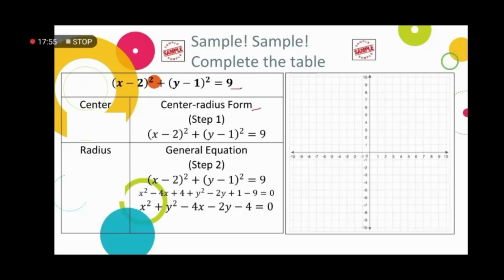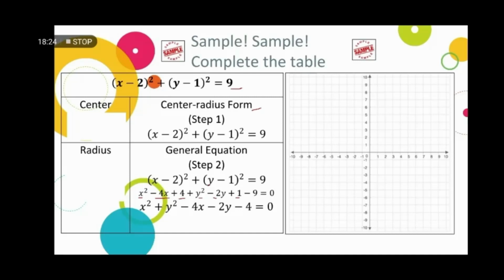So the square of the first term, x squared. 2 times negative 2 times x, negative 4x. Next is the square of the third term. So negative 2 times negative 2, positive 4. Next is the square of the first term, y squared. So 2 times negative 1, negative 2y. Negative 1 times negative 1 is positive 1.